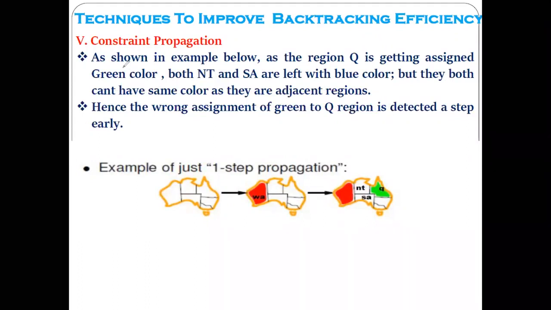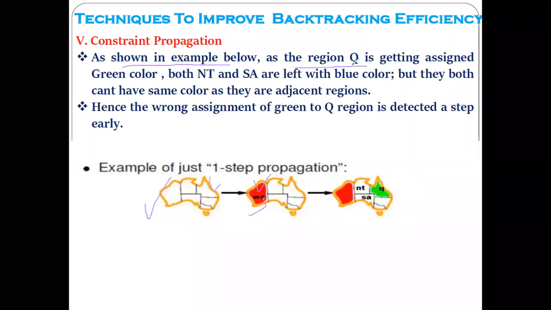See here, in this example, our procedure will start from this. This is the initial state, everything is empty. Then we assign the red color to the first region.